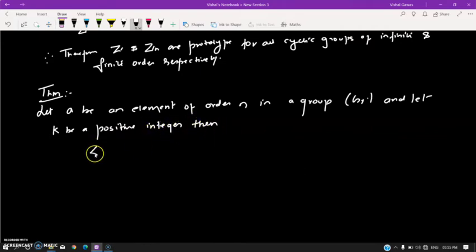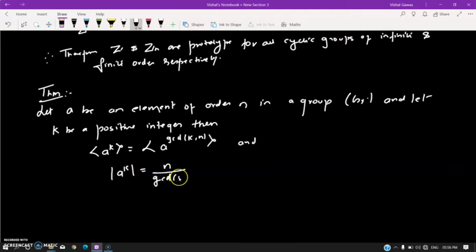Then the subgroup generated by a raised to k is the same as the subgroup generated by a raised to gcd of k and n. Right, that's one thing. And the order of a raised to k would be the same as n upon gcd of k and n. Right? Quickly prove this.